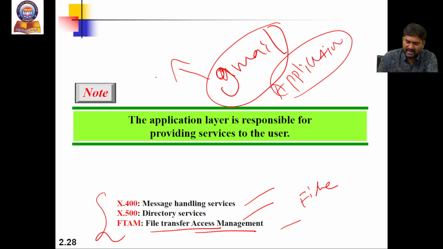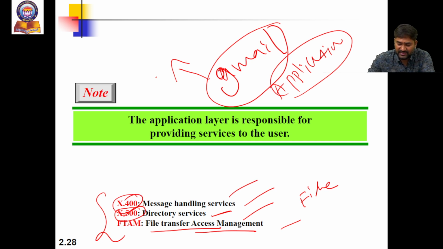What about X.500? It is a directory service to create directories, open directories, and store data in the directories. All these processes and responsibilities are handled by the X.500 mechanism in the application layer. And X.400 is a message handling service.